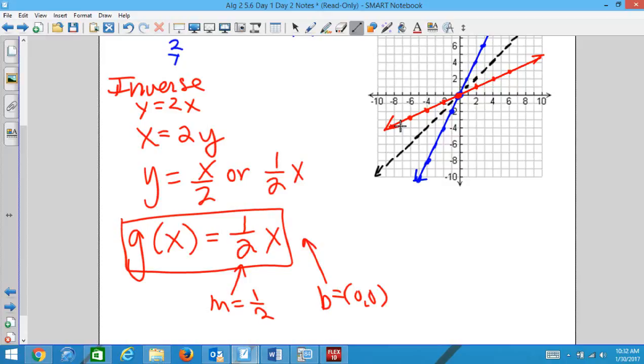You can graph the function by finding m and b, or by finding ordered pairs and switching them. Your choice.